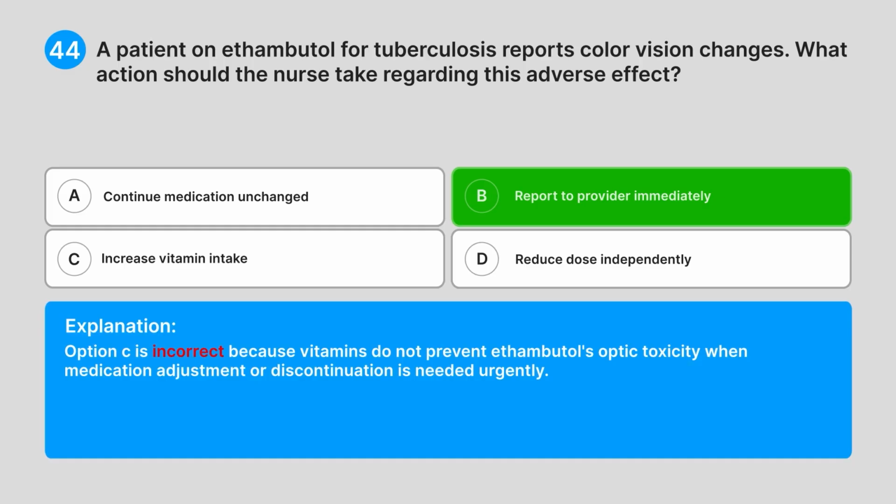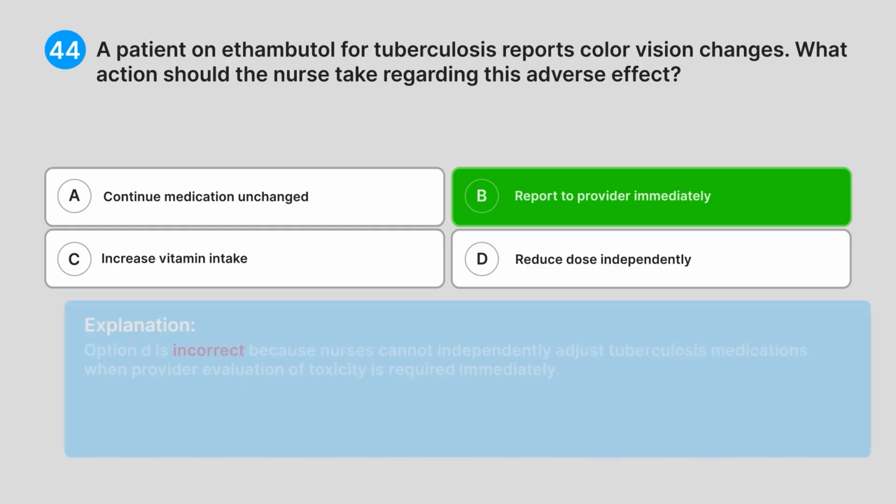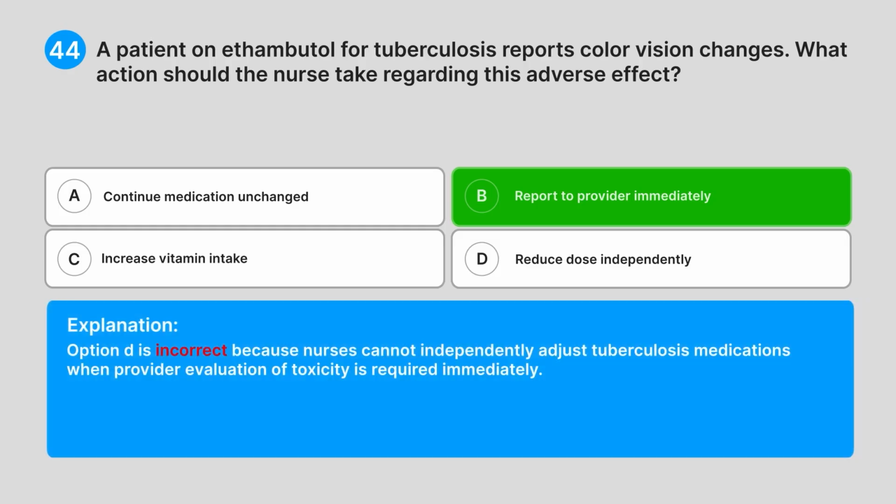Option C is incorrect because vitamins do not prevent ethambutol's optic toxicity when medication adjustment or discontinuation is needed urgently. Option D is incorrect because nurses cannot independently adjust tuberculosis medications when provider evaluation of toxicity is required immediately.